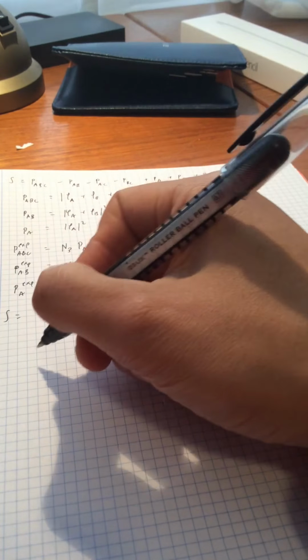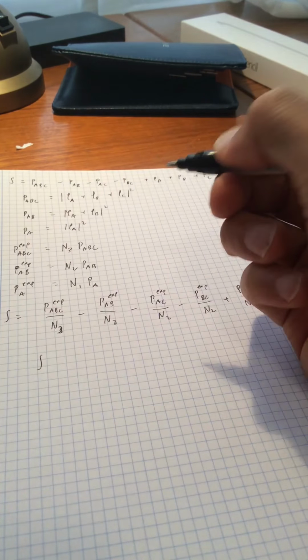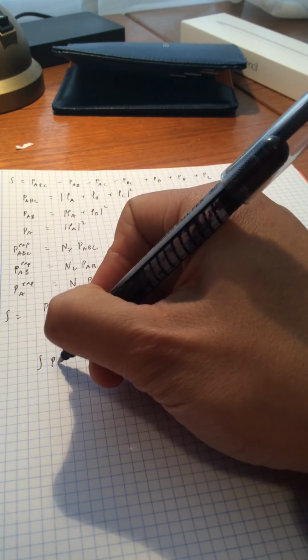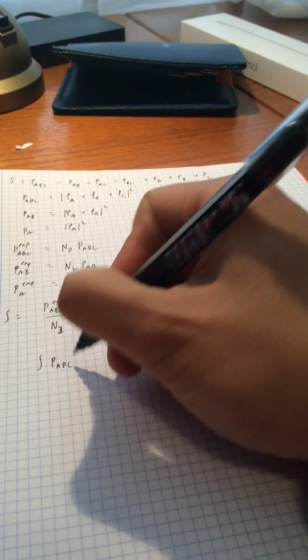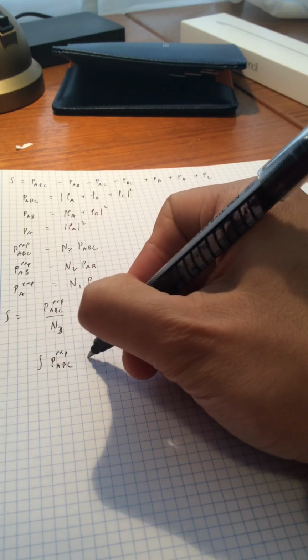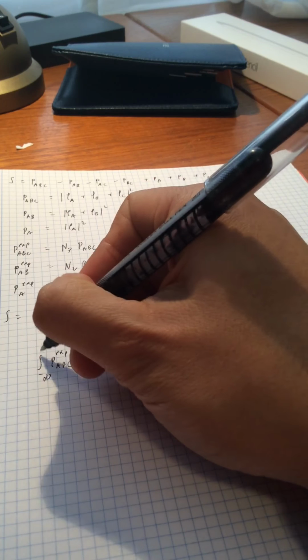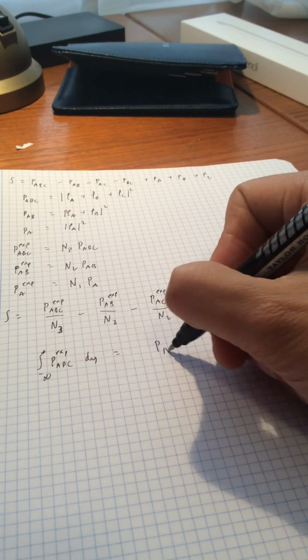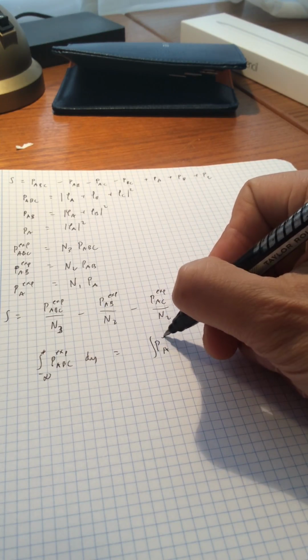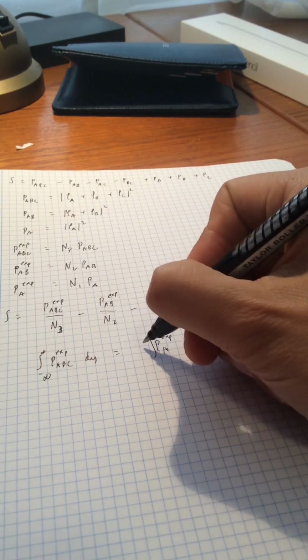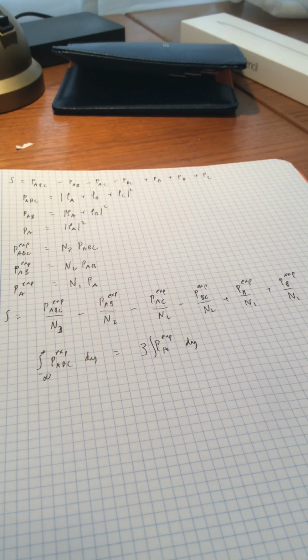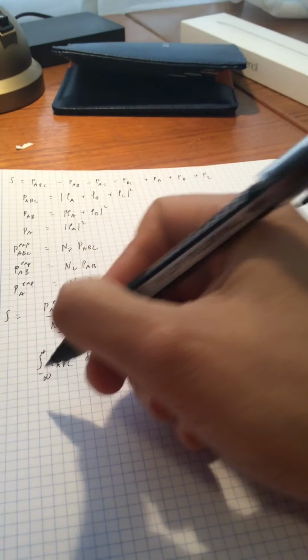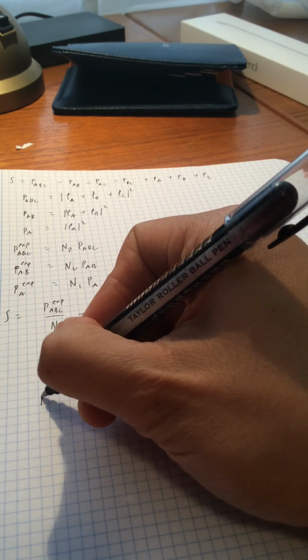In other words, the total intensity of the probability distribution when there are three slits open should be the same as the total intensity of one slit times 3. So let me rewrite this like this.